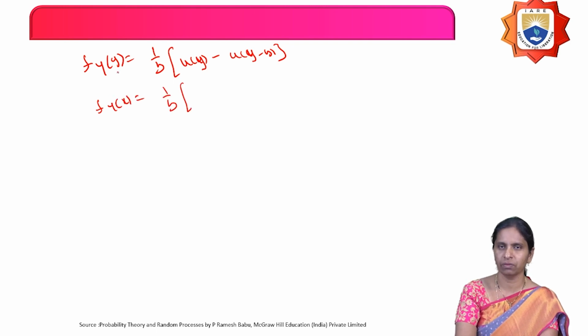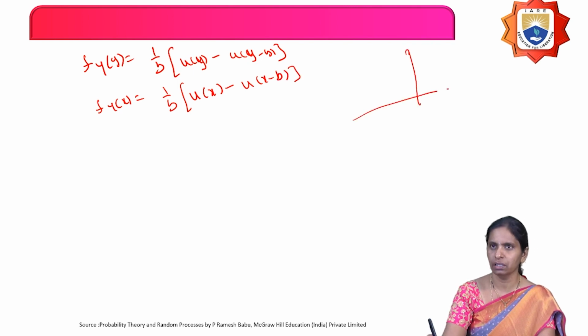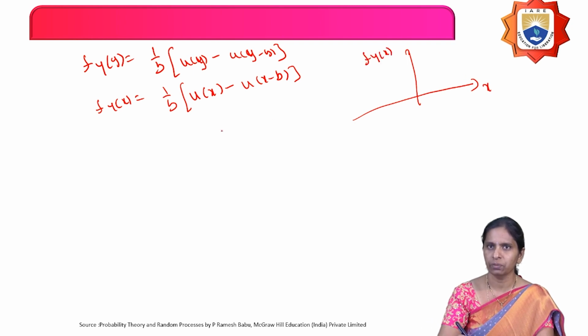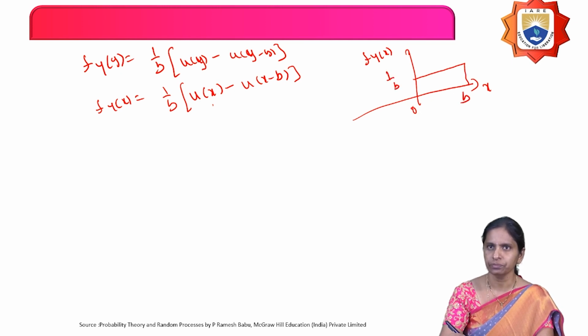Just replace the variable y by x, then you can obtain u of x minus u of x minus b. Now plot the signal. This is x, and this is f_Y of x. It is 1 by b when x is from 0 to b.